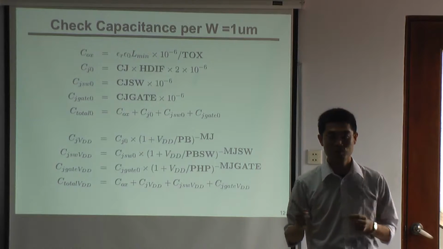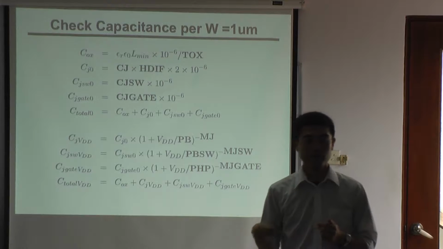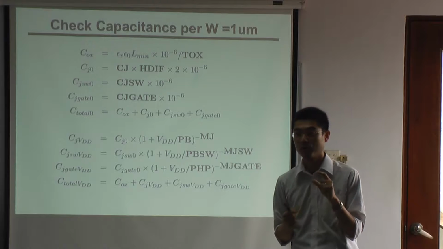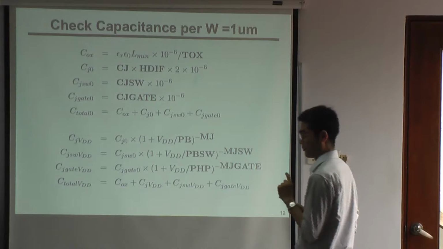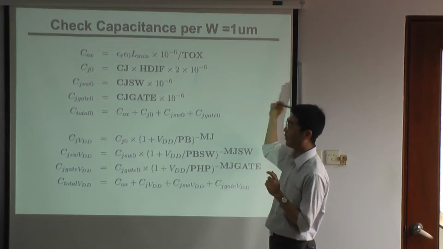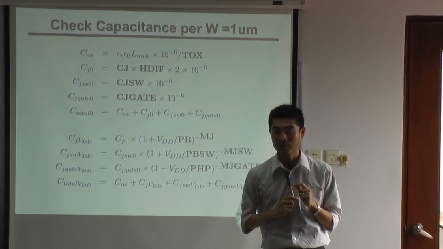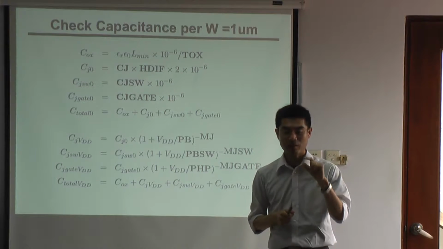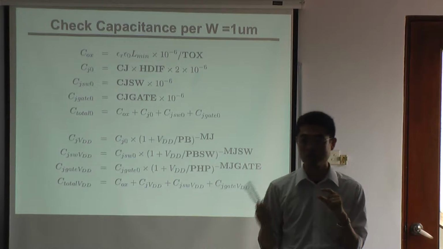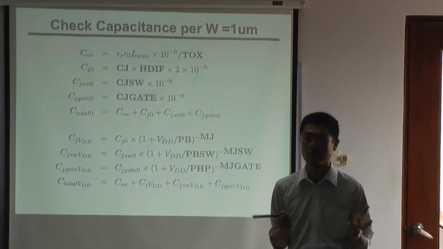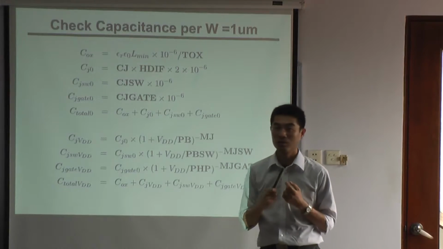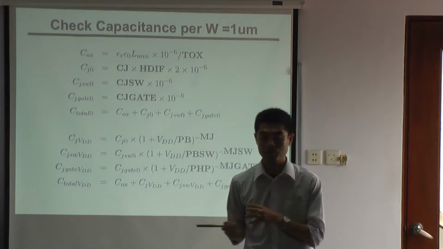So you pick up these values and calculate how much capacitance we have per unit width. For myself, I usually say that per 1 micron W, how much gate capacitance we have, how much drain capacitance we have, and how much source capacitance we have. And we calculate this for both NMOS and PMOS.